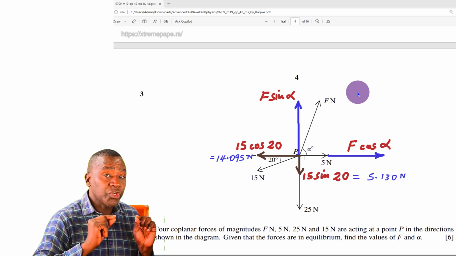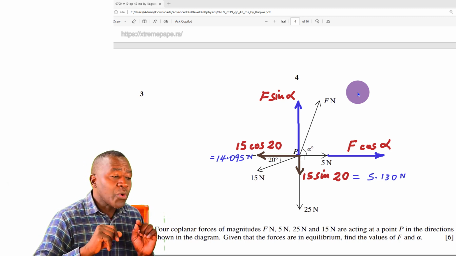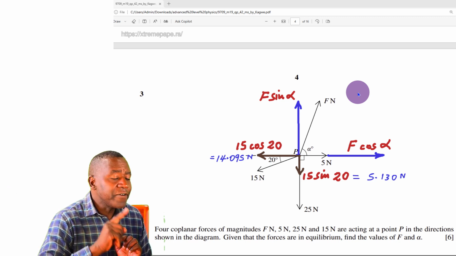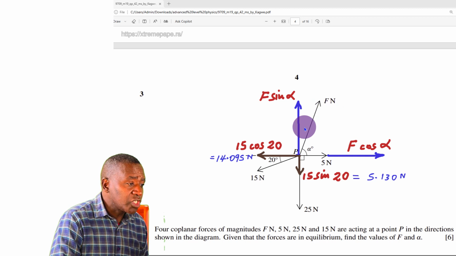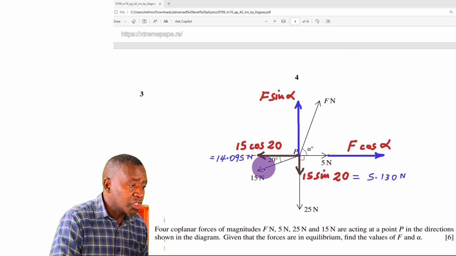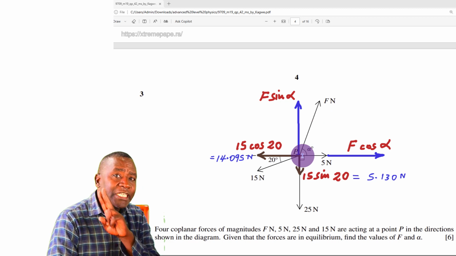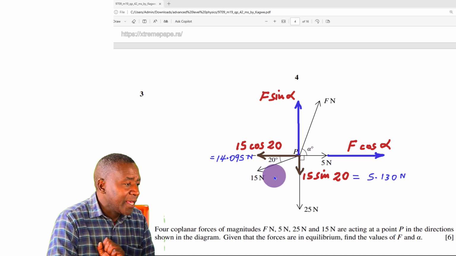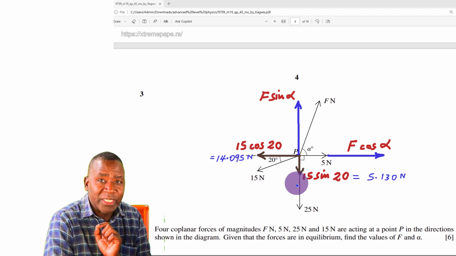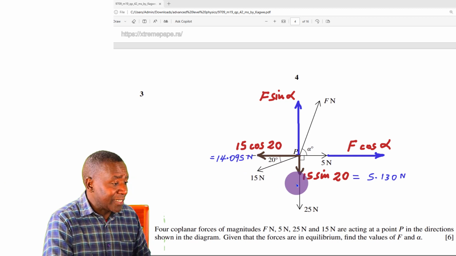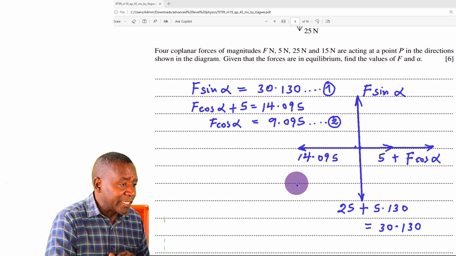Make sure before you go to that step, you have resolved every force. For instance, this force is no longer there because it is represented by its two components. And this force is also represented by its two components. After you have done that, this is what you're going to get.